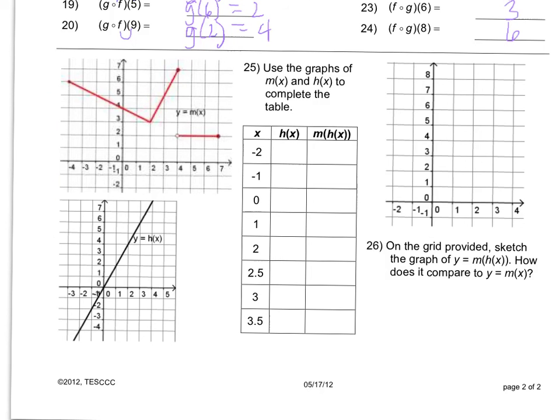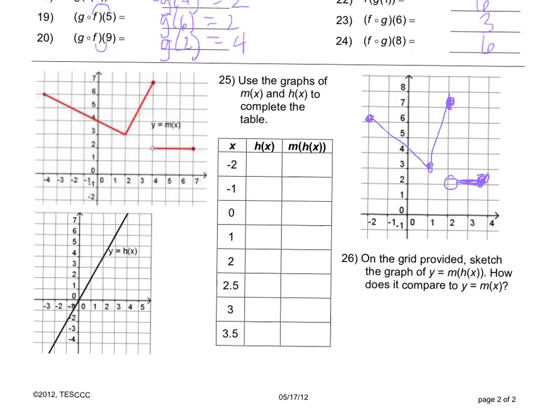For this last section, pause the video while you complete the table and then draw the resulting graph on the grid provided. Your resulting graph should look something like this. How does it compare to the original, y equals m of x?